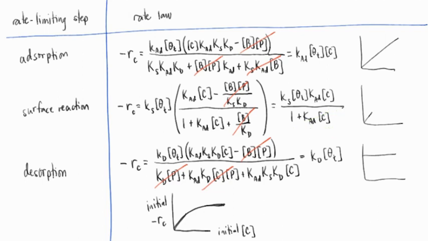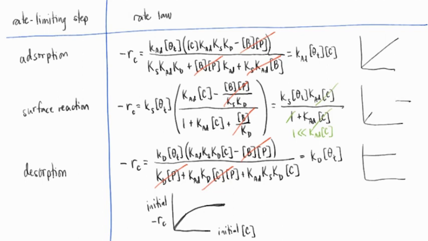In the same equation, for high concentrations of cumene, we can then say that 1 is much less than the product K adsorption times the concentration of cumene. Therefore, we can neglect the value of 1 in the denominator, and that would result in the cancellation of the cumene term in the numerator and in the denominator. That leaves us with a constant reaction rate independent of the cumene concentration.